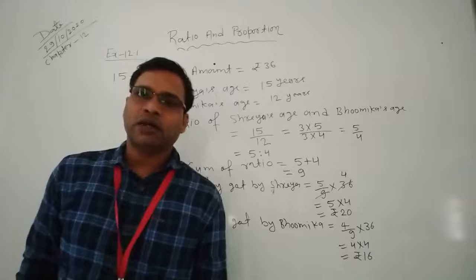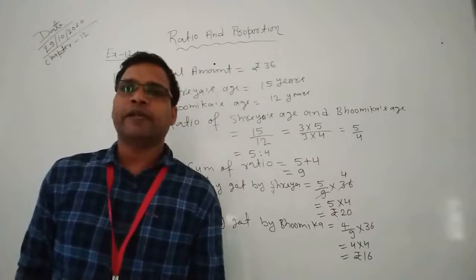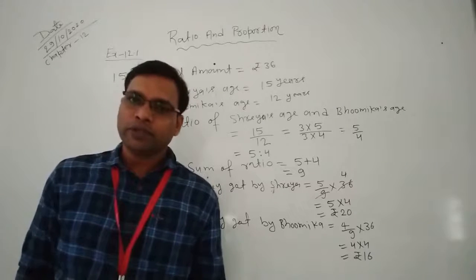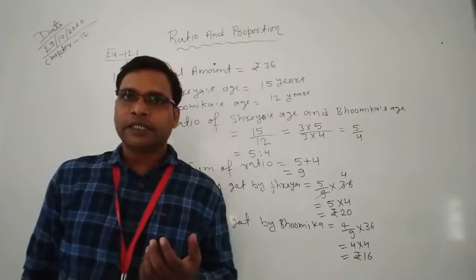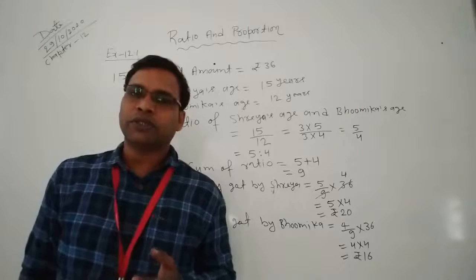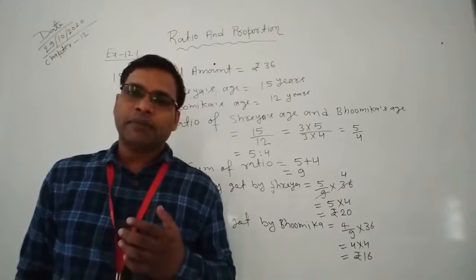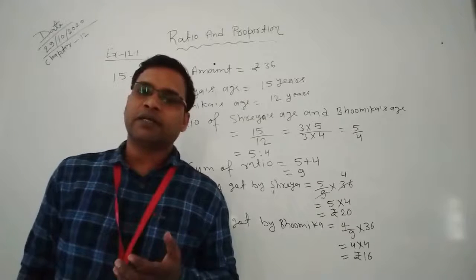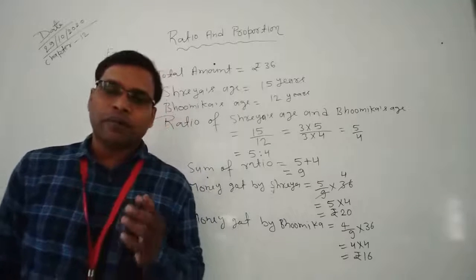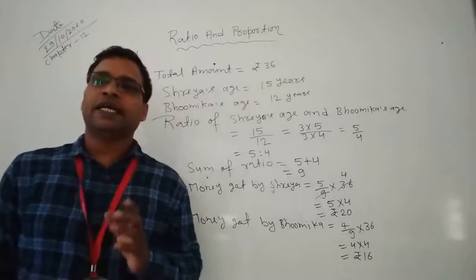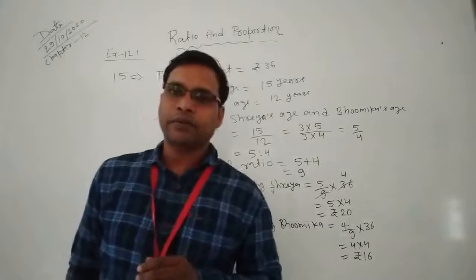So find how much Shreya and Bhumika will get. How much means here, this indicates amount, rupees. Amount of money will get Shreya, amount of money will get Bhumika.